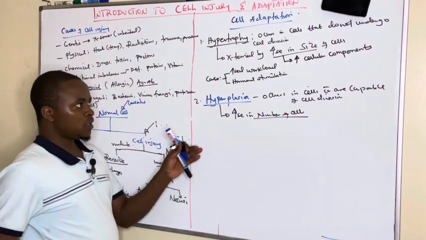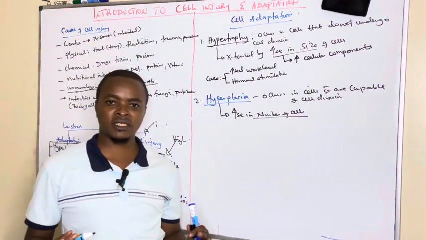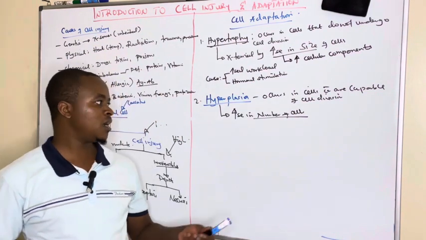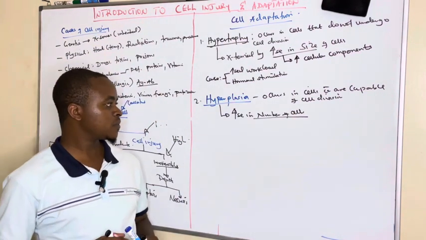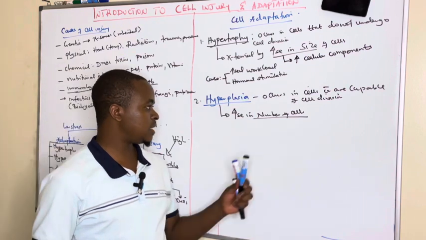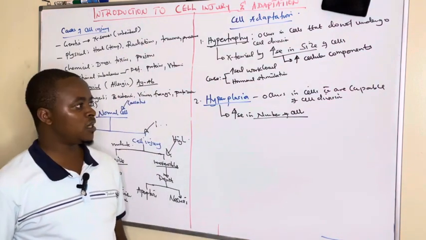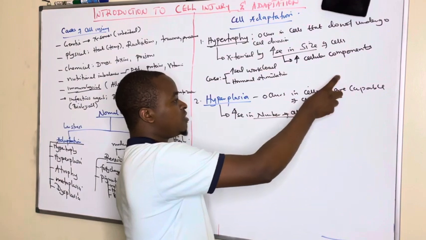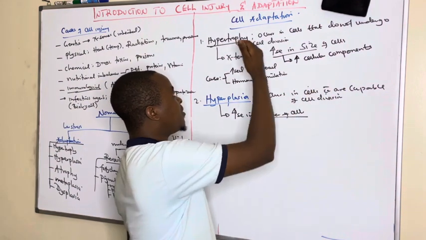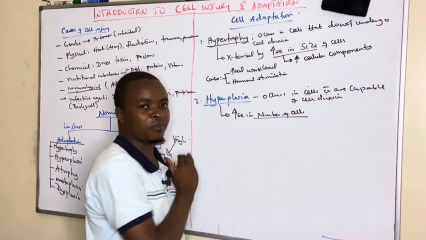So hypertrophy is only an increase in size without increasing the number, but hyperplasia is an increase in number of cells. And these cells which undergo cell division, they can undergo both hypertrophy and hyperplasia.